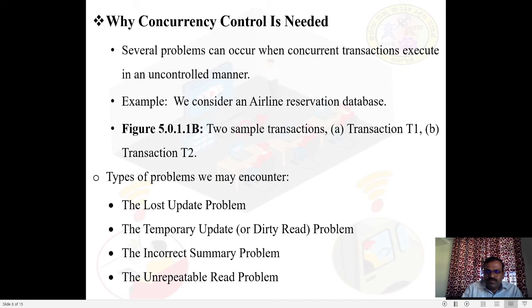Each record is stored for an airline flight, which includes the number of reserved seats among other information.